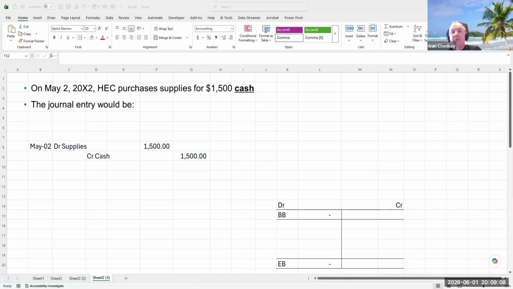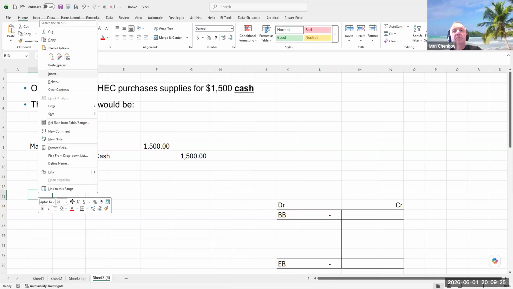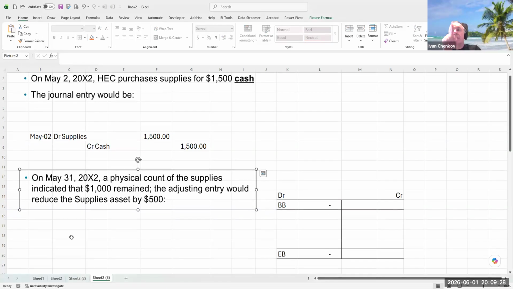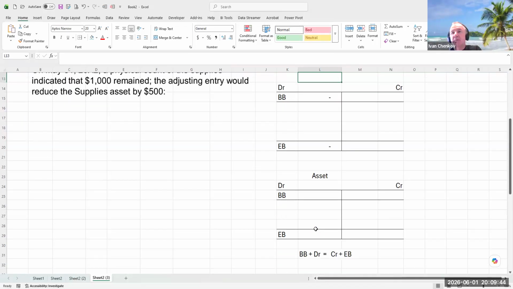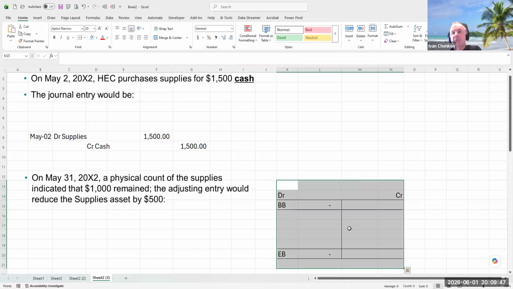Now the next thing that happened is on May 31st, we made a physical count on our supplies, and we found out that $1,000 is left. What shall we do? So what happened here? Let's go to our account, which is an asset account, right?